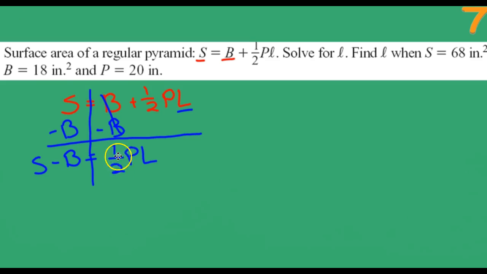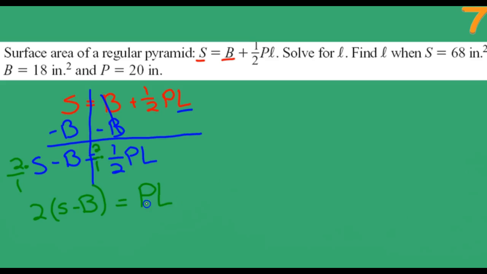Okay, now I'm going to get rid of this fraction. And how to get rid of a fraction is you have to multiply by the reciprocal. So if I multiply by the reciprocal, which is 2 over 1, and 2 over 1 over here, that's really just saying we're multiplying by 2. So we'll have 2 times S minus B equals, now we have PL.